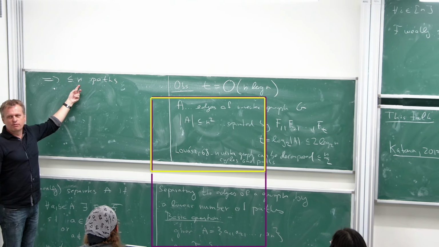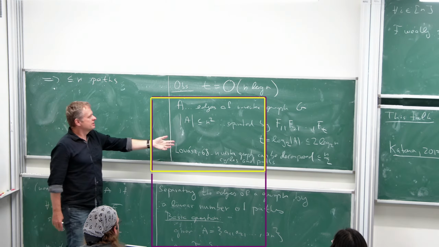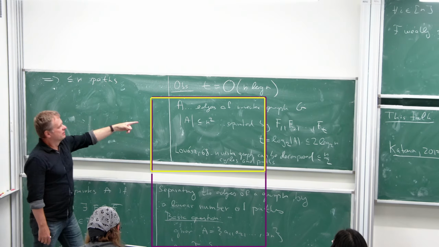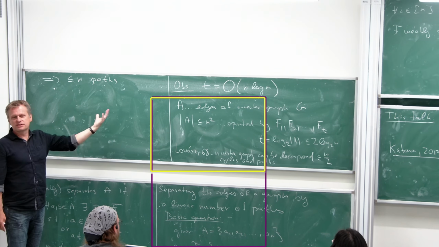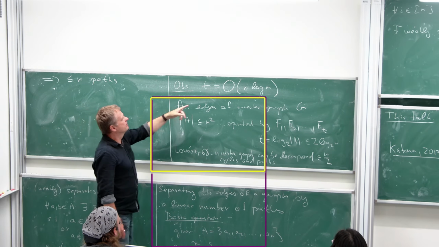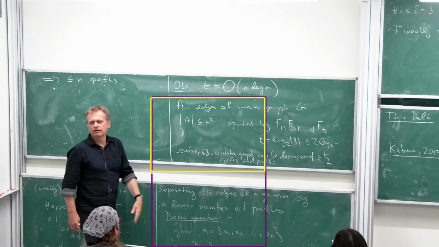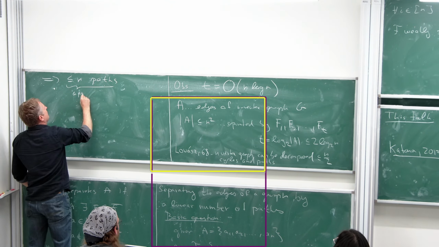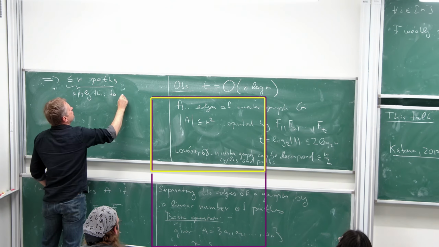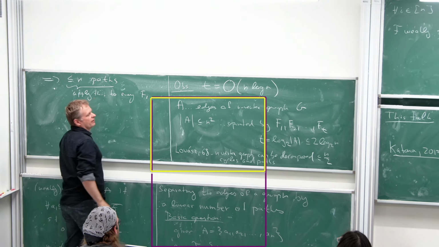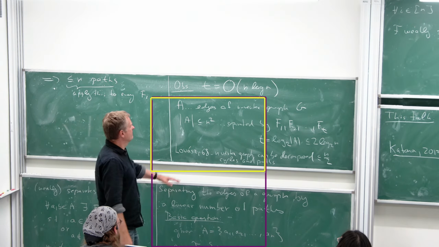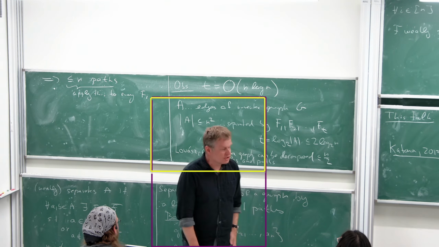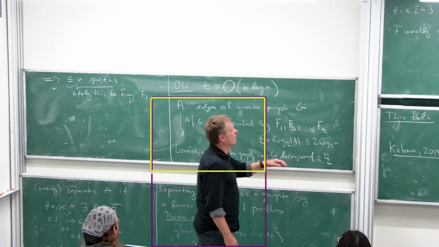Each of them can be decomposed into paths, and because this system of graphs separated all the edges, this system of t times n paths will separate all the edges in the graph, and t times n is n times log n times log n. So we apply this again to every F_i. All right. So we can get as far as that. And now the question is whether we can do any better.